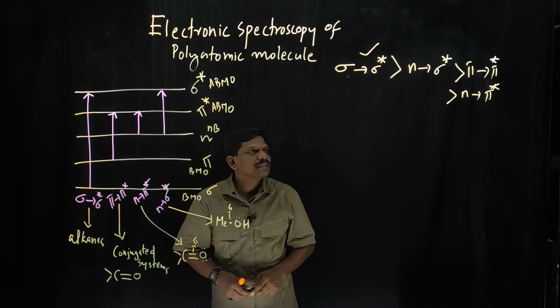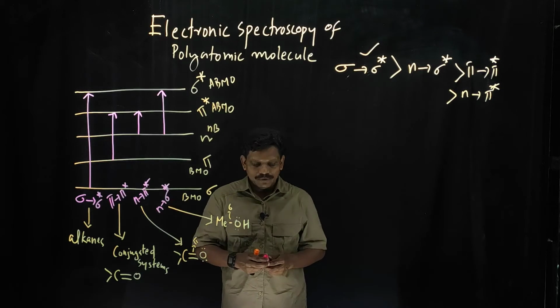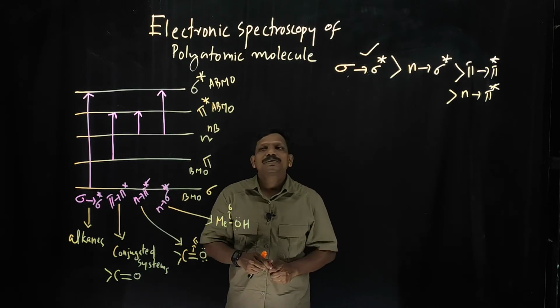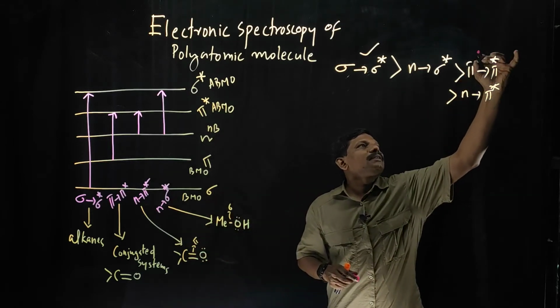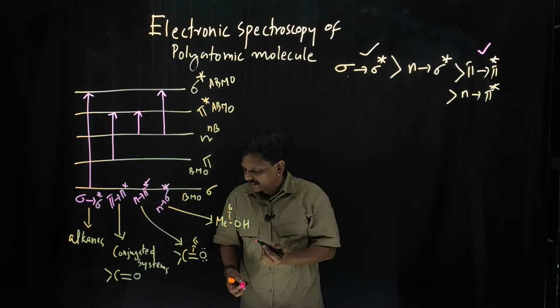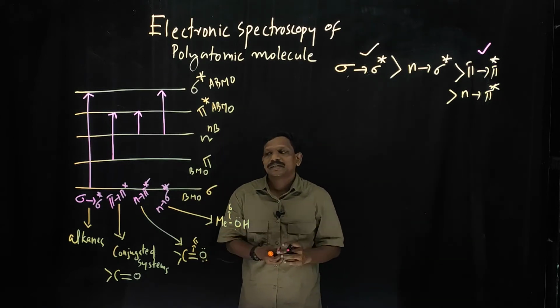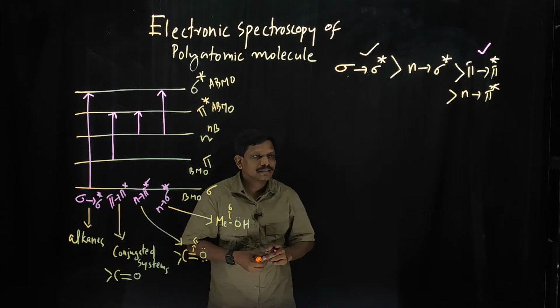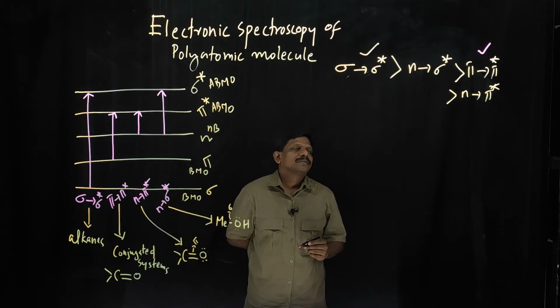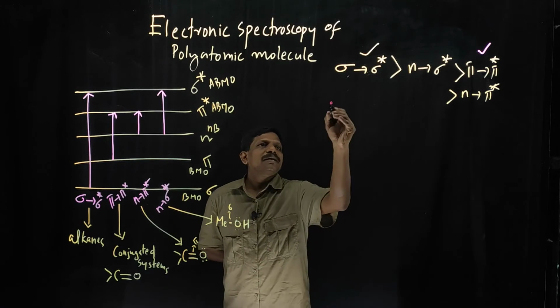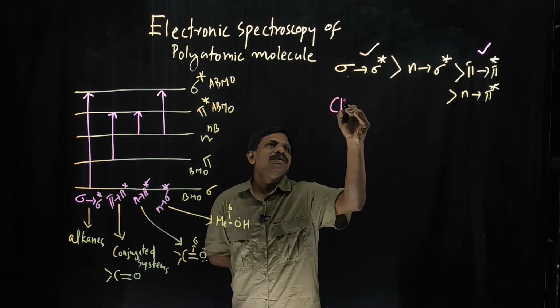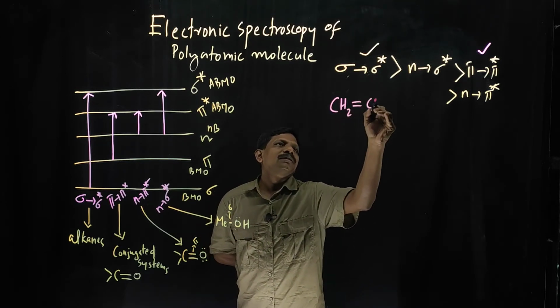Okay, then I will give you some introduction about the conjugated system. I told you that this pi to pi star transition is very prominent in aromatic conjugated systems. I am just taking an example of CH2 double bond CH2.